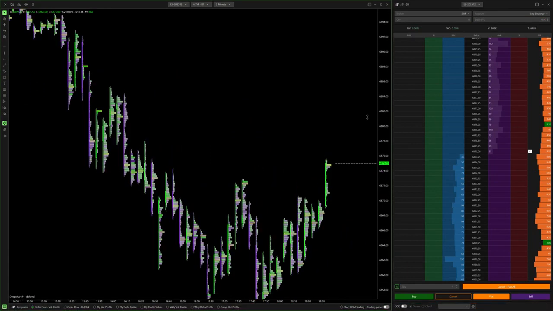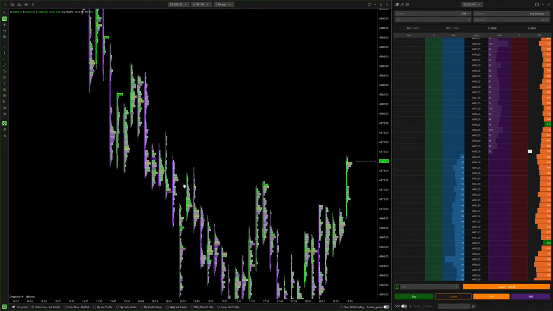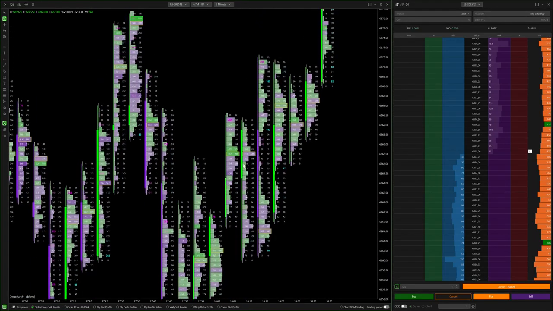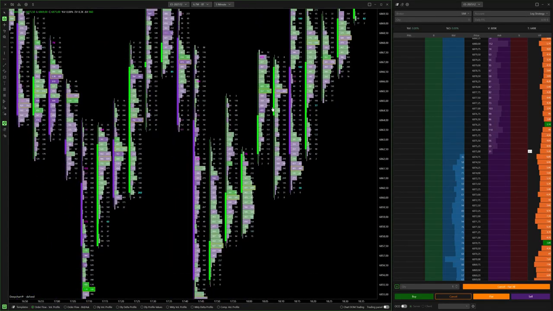This is another type of visualization of the same chart, but on a 5-minute time frame, and with both the bid and the ask.